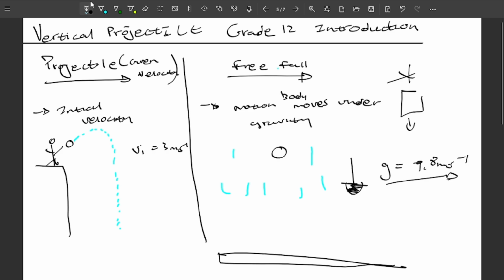Now we can say it is free fall, and then you're asked to find the acceleration at which it falls, right? Of which it will be 9.8 meters per second squared. Happy? Hope everyone understands.